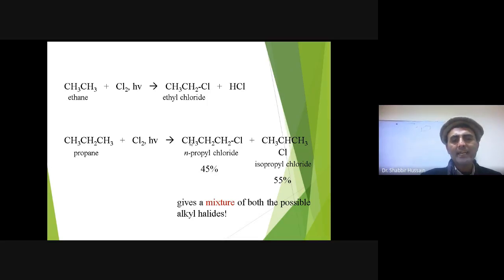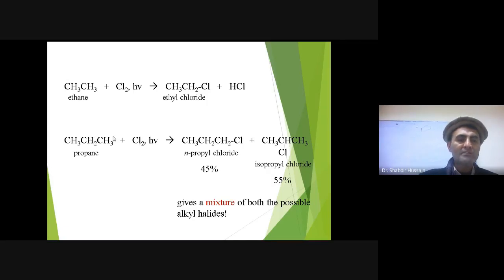Basically, we are getting a mixture of products because there are different natures of hydrogen available. One is primary hydrogen and another is secondary hydrogen. And we know very well secondary hydrogen is more reactive than primary hydrogen.